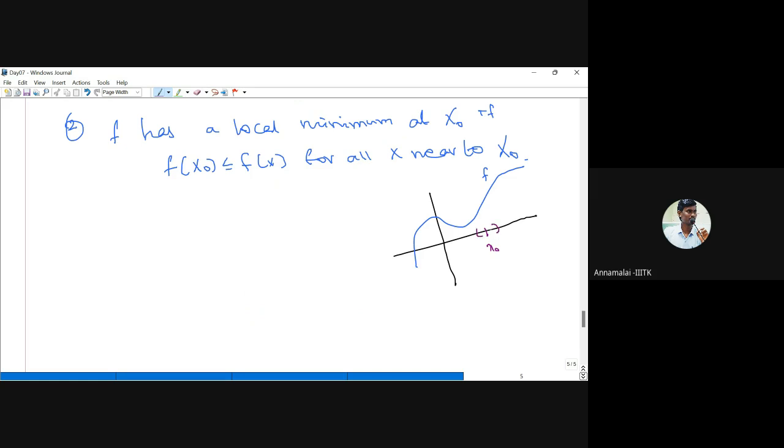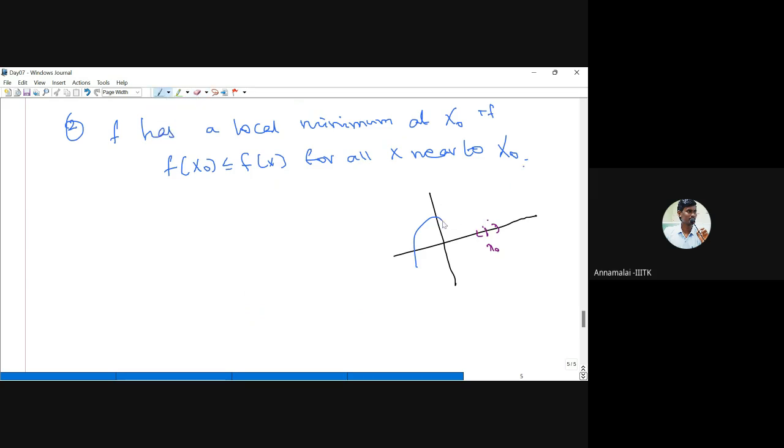If you take any point x, here is the minimum value and here is the maximum value. So in this interval we get some maximum and some minimum. When we say this x naught is the local maximum, the corresponding f of x naught is this one. Better, instead of this one, I write a simple graph so that it can be easily understood.